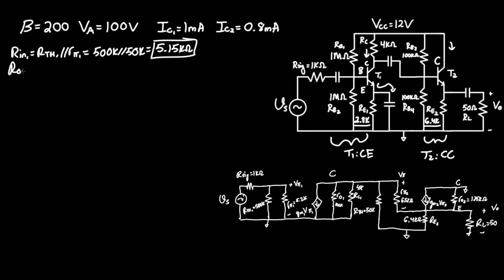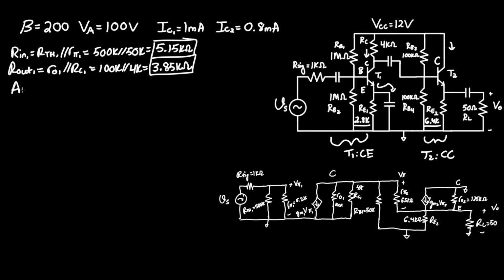Our R-out 1 is also pretty straightforward. It's just RO1 in parallel with RC1, which is 100K in parallel with 4K. And that equals 3.85 kilo ohms.